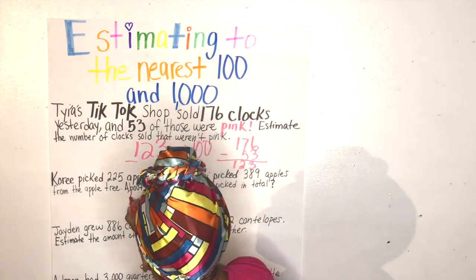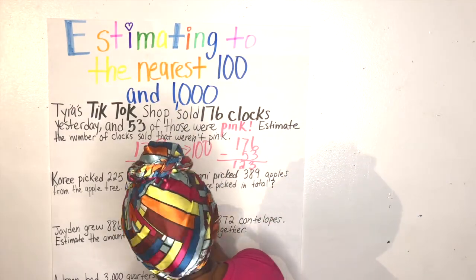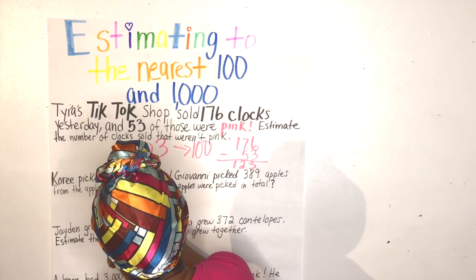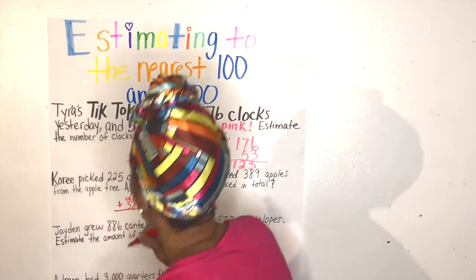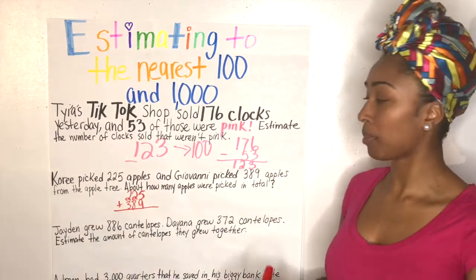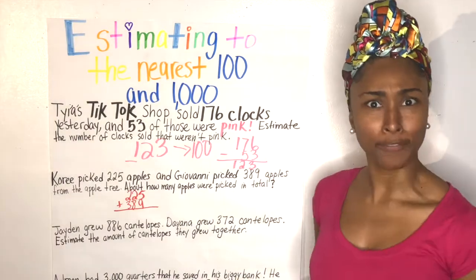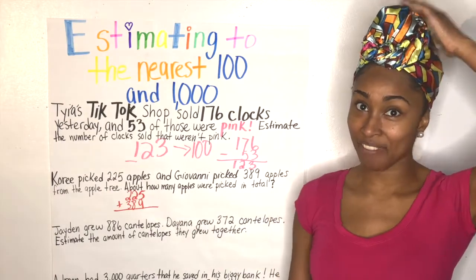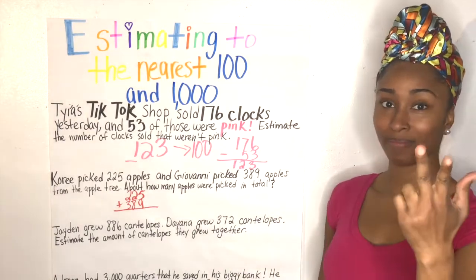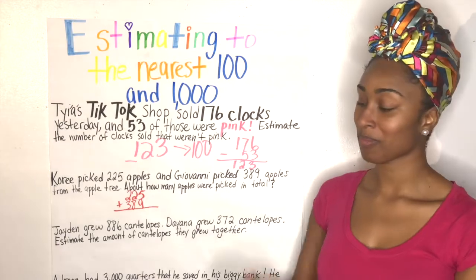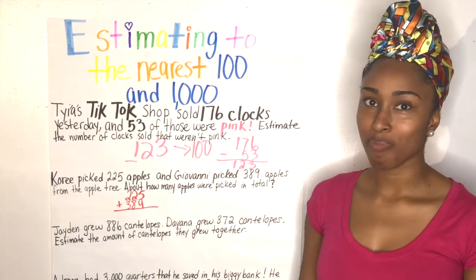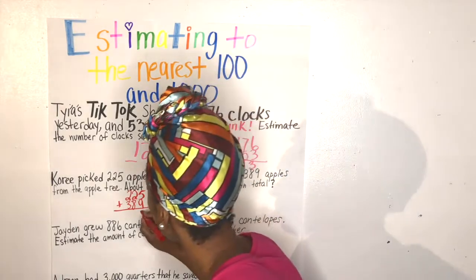225 plus 389. All right, I have 5 plus 9. Who's going to count on with me? Okay, let's go. I'm not going to do it for you. You got to do it too. Come on, 5 plus 9. Go. 5. What did you get? 14.